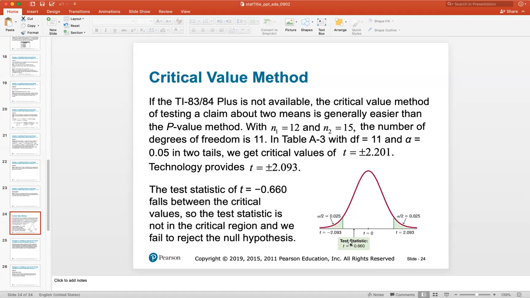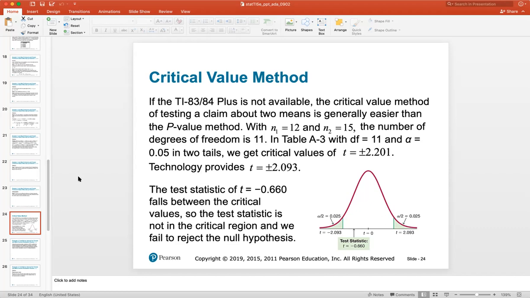Since the test statistic is greater than minus 2.093, we fail to reject the null hypothesis. That's the critical value method, but you don't have to know both of them. I'm sure the p-value method is more familiar than the critical value method, but I just introduced that one.